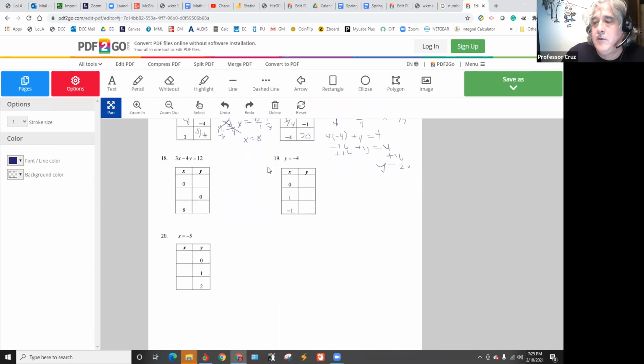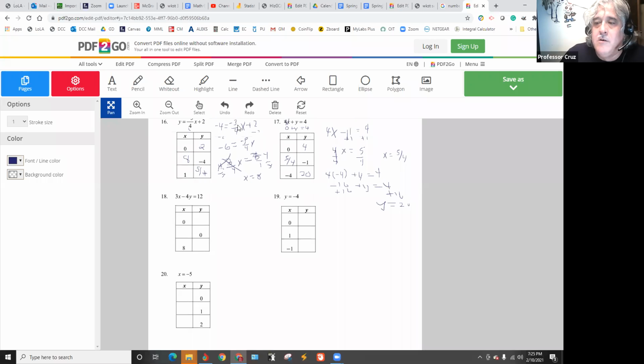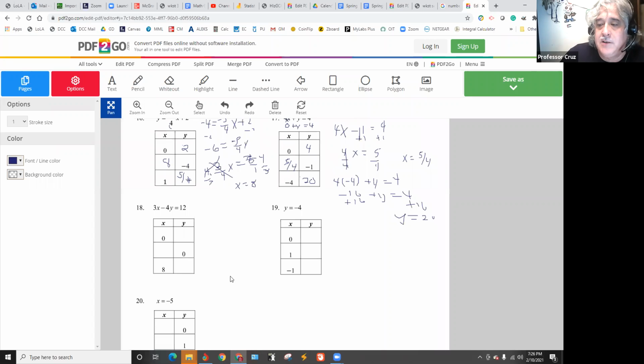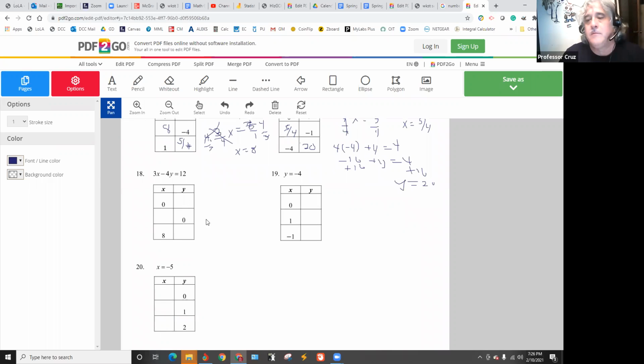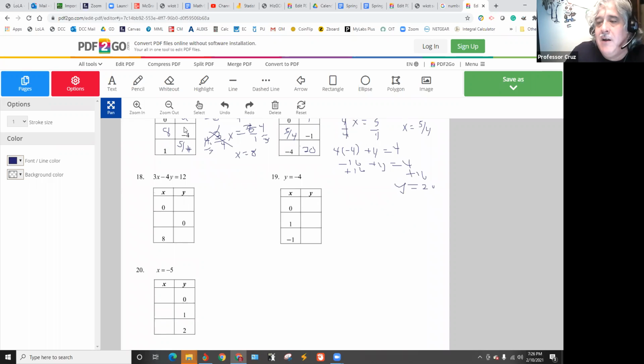All right. So 3 is like the last one where there's really any work to do. And really, there's only work to do in one situation, and it's this one down here. Okay? If X is 0, I can write this out, but it's almost kind of meaningless to do it. 3 times 0 minus 4Y, well, that just makes that go away.